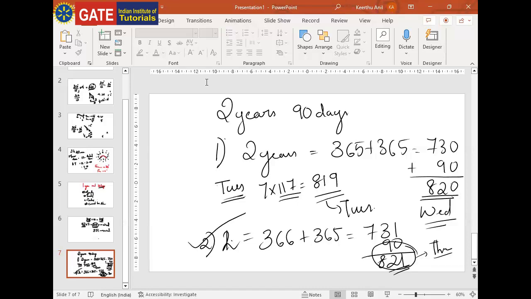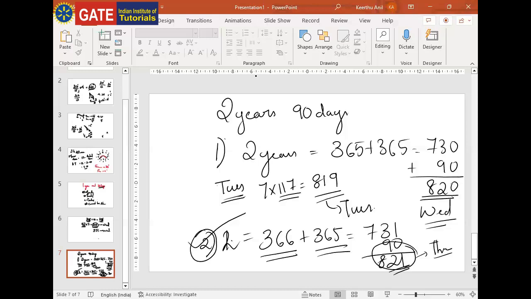Okay. Yes, ask me. What is your doubt? What if 1 year is a leap year and the other one is a non-leap year? That is what we told. Our second case is that itself. 1 year is a leap year, that is 366 days, and the other year is a non-leap year, that is 365 days.